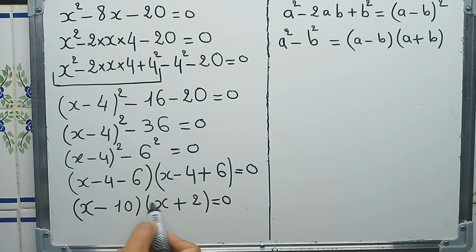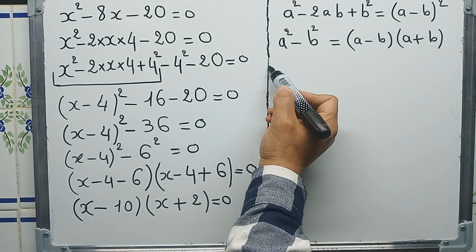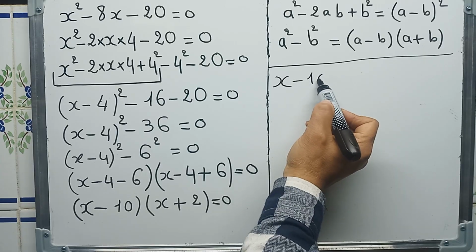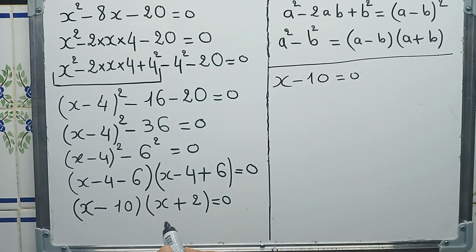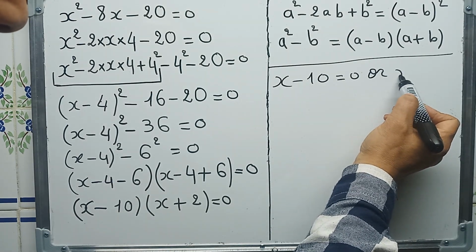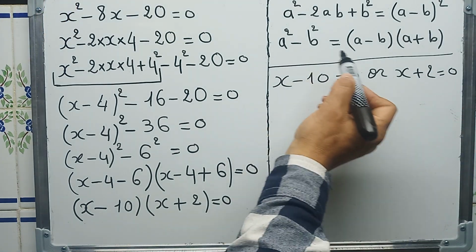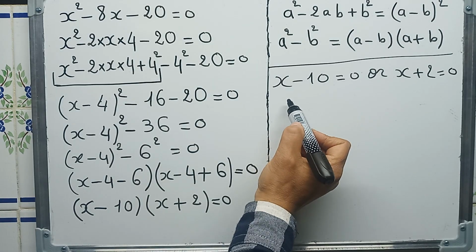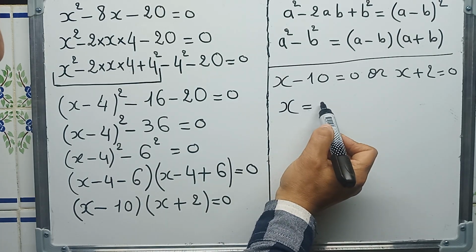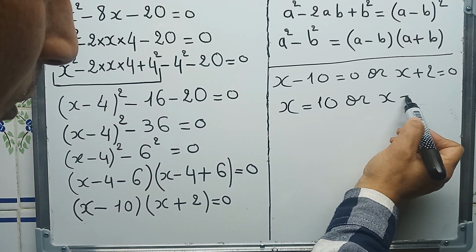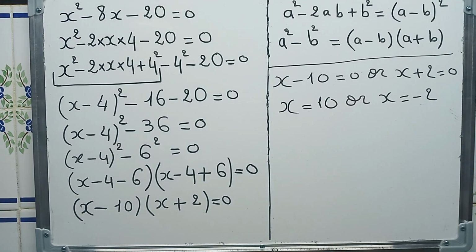Now we have a product of two numbers equals 0, and this implies that x minus 10 equals 0 or x plus 2 equals 0. Passing 10 to the other side, we get x equals 10 or x equals minus 2. And we have finished what we have to do.